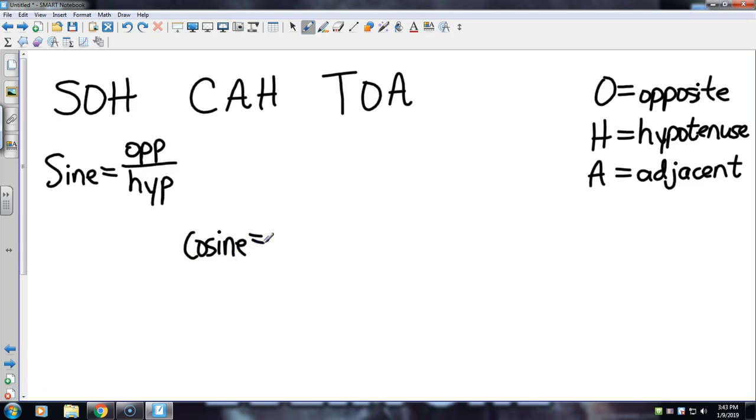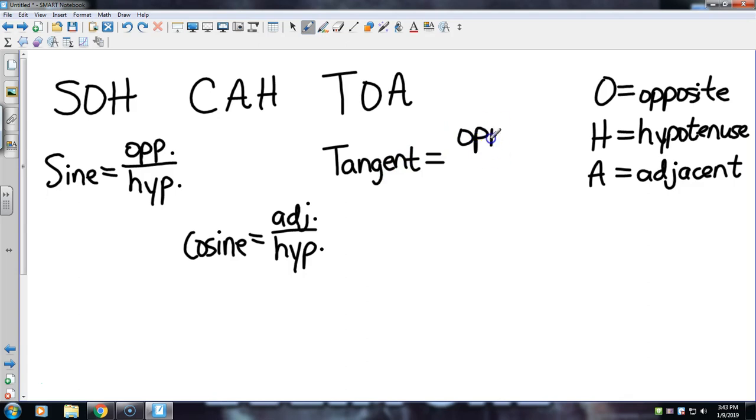And cosine is adjacent over hypotenuse. I should put the periods there because they are abbreviations. And then our last one is tangent. And you can probably see where I'm going with this. Tangent is equal to opposite over adjacent.